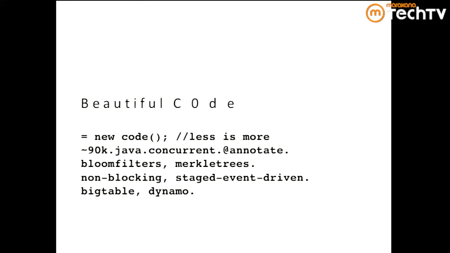It uses mostly concurrent collections, like skip lists, at the core of the architecture, very interesting, good collections. So if you're an avid reader of code, you'll love Cassandra. It uses annotations, Bloom filters, Merkle trees, lots of interesting, good data structures.